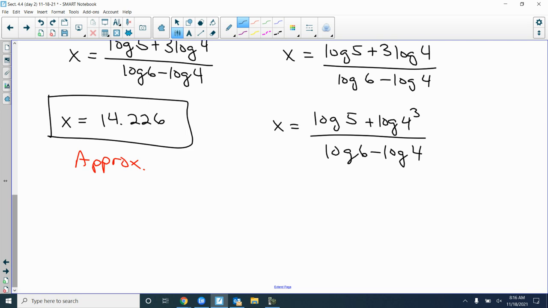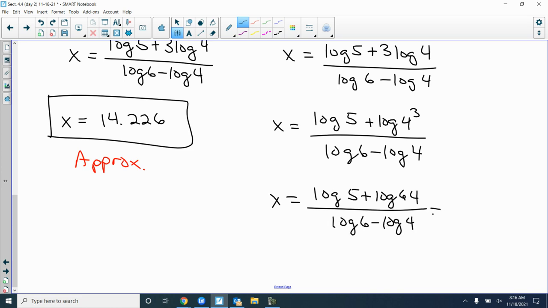All right, for this one, what's 4 cubed? 4 to the third power. Did I write that out right? Yeah, 64, right? So now this is really log of 5 plus log of 64 over log of 6 minus log of 4. So equals log of what? The numerator is going to equal log of what? What do I do with the 5 and 64? Multiply.